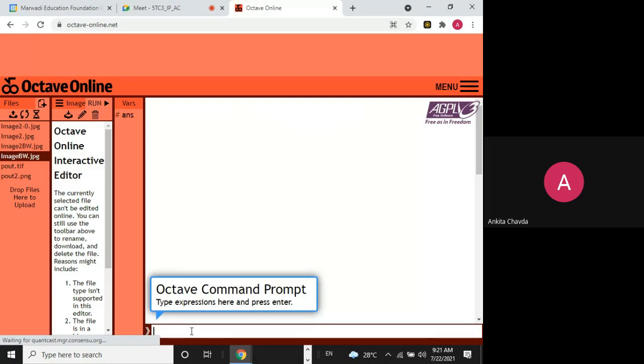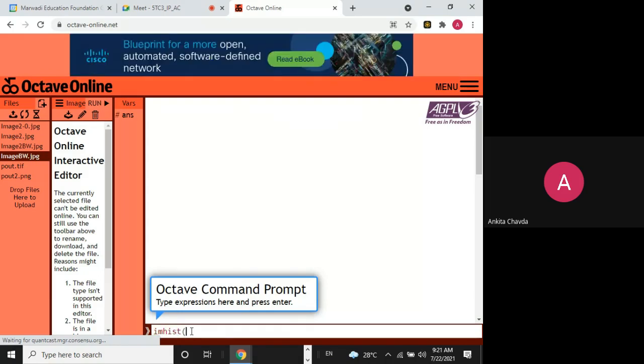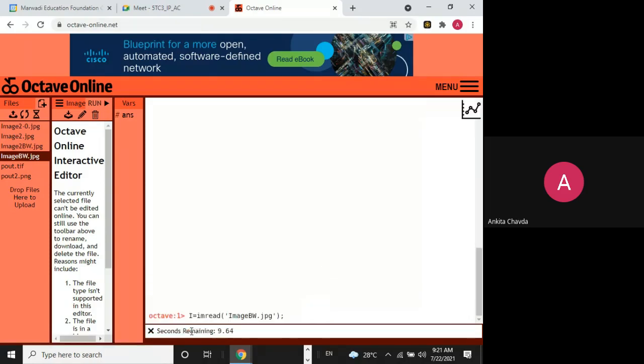Suppose, what do I need to write? imhist of I. For that, first I need to read the image. So I is equal to imread, and I'm reading here image bw dot jpg, right? Now I'm writing here imhist of I.